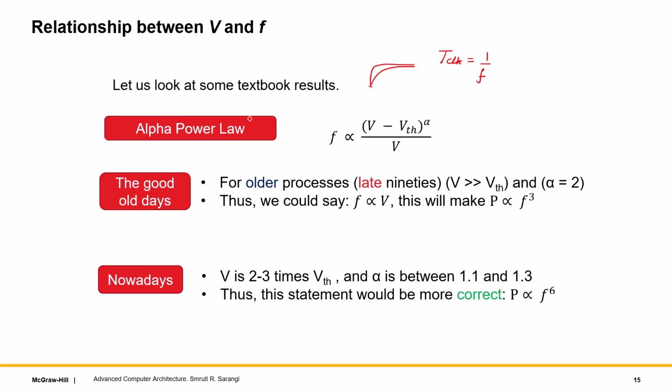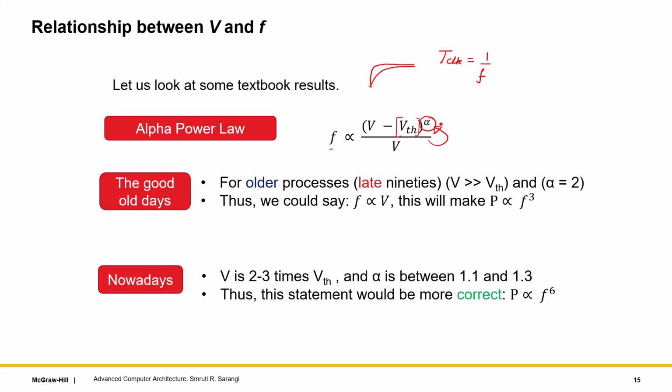So there is a classical alpha power law which has been in use in different forms. Again, this is approximate, it's a rule of thumb, but it has been in use for quite some time, where the frequency is proportional to V minus the threshold voltage to the power alpha, divided by V. Essentially the value of alpha single-handedly determines the contour of this relationship.